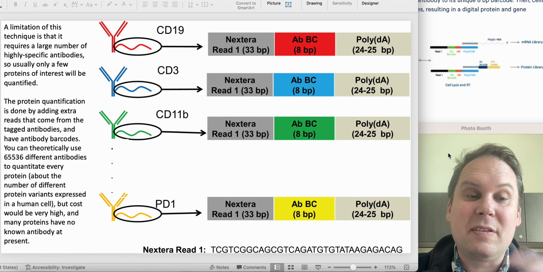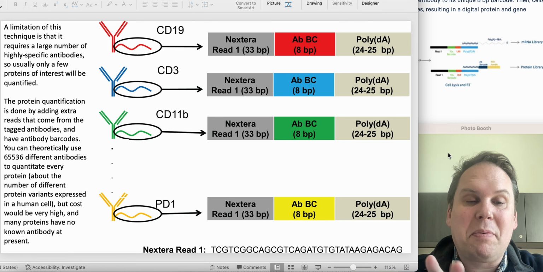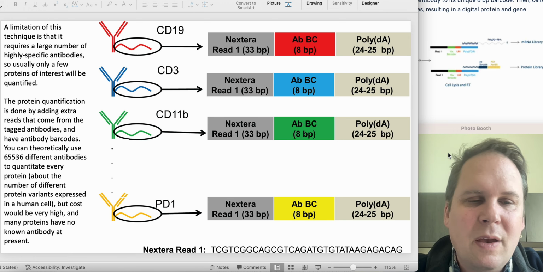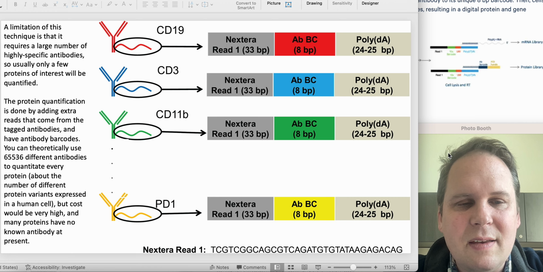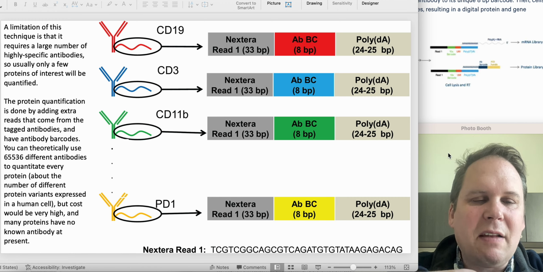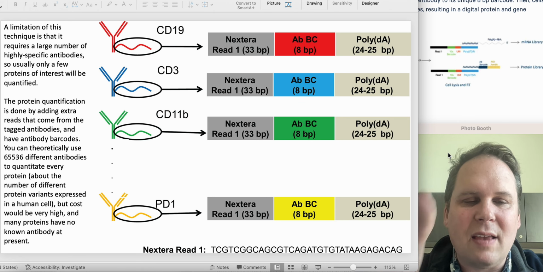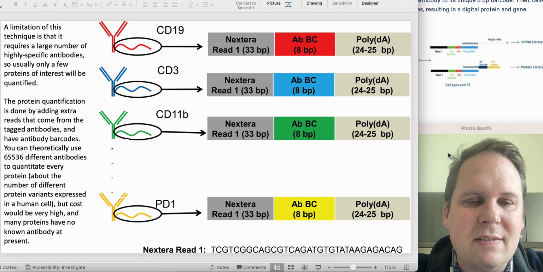And we'll just copy those alongside the other reads, or we can separate out all of the reverse transcribed complementary DNA, cDNA, and that'll kind of separate most of the protein reads from most of the RNA reads.